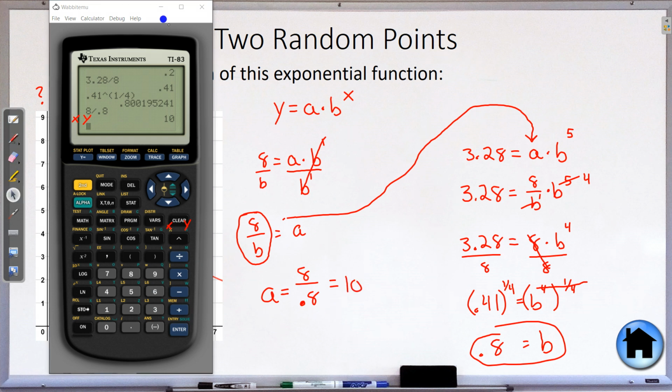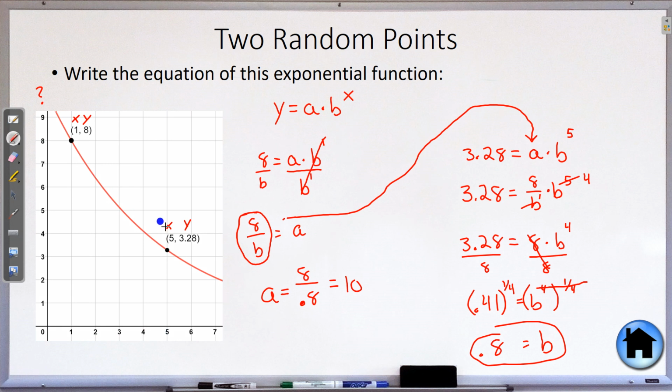All right, so now remember, our overall goal was to write an equation. So the equation of this line is y equals, I know what A is, it's 10. And I know what B is, it's 0.8 to the power of x. So there is our equation.